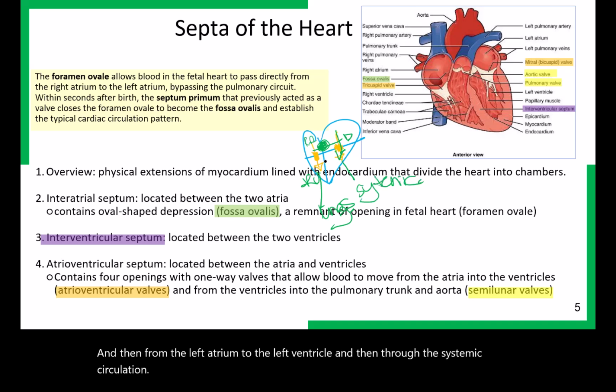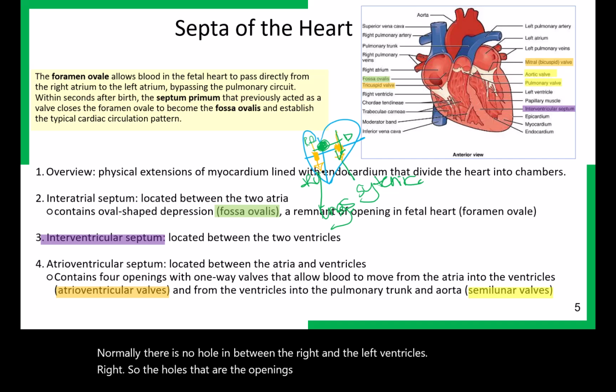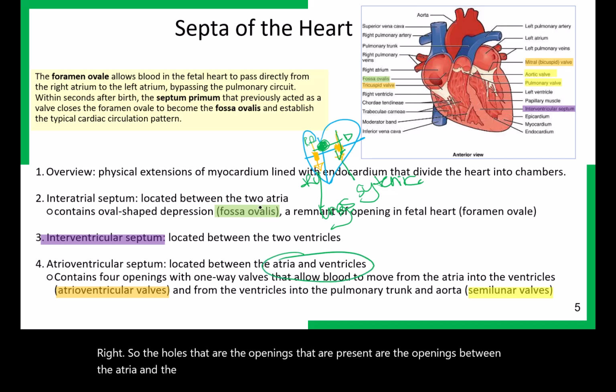Normally, there is no hole between the right and the left ventricles, right? So the openings that are present are the openings between the atria and the ventricles, the opening in the fetal heart between the 2 atria, and there's really no opening between the 2 ventricles.